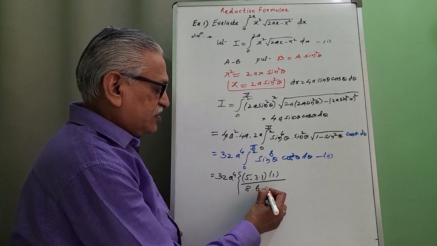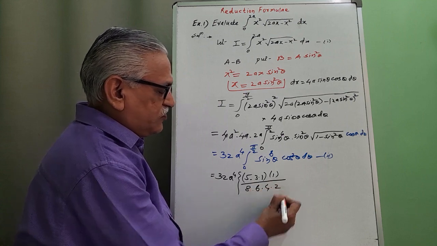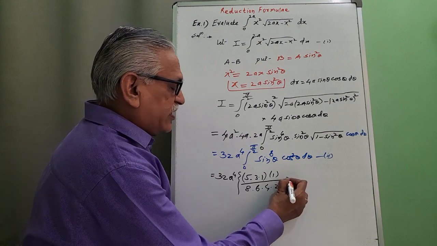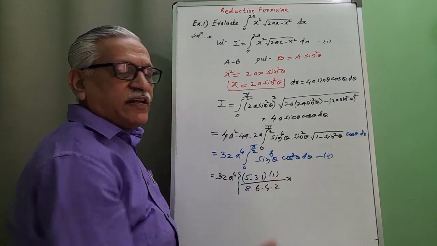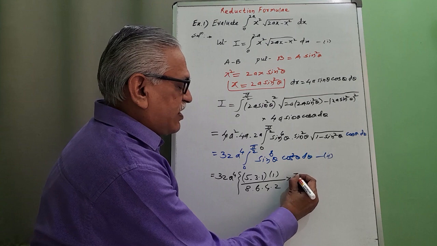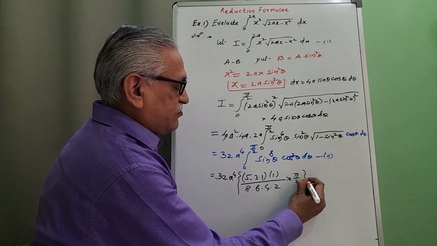Therefore 6, then 4, then 2, last term is 2 into k. Here both m and n are even, therefore we consider the value of k as pi by 2.